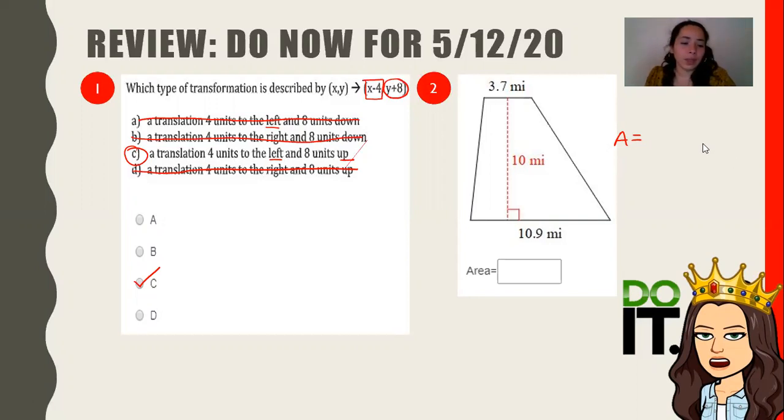Kind of? Okay. So in order to calculate this, this is the one where we did base 1 plus base 2 divided by 2, and then you multiply that by h.